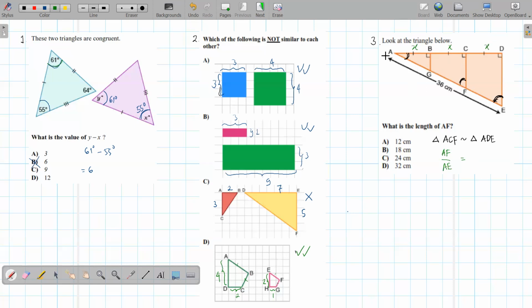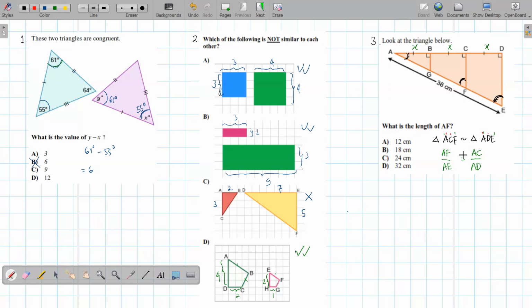Here we will take the length of AC, and this AC corresponds to AD in triangle ADE. So AF with AE, and then AC with AD.